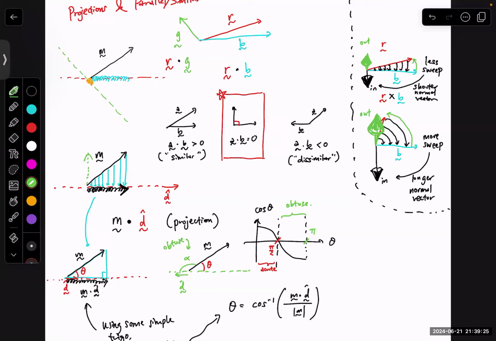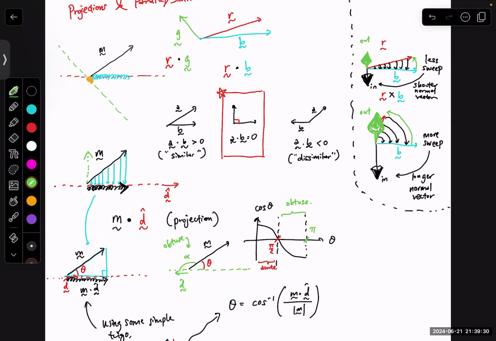This vector, we will show later using math, right, that this vector has the same length as this vector, the vector that grows out. We will show using working later.